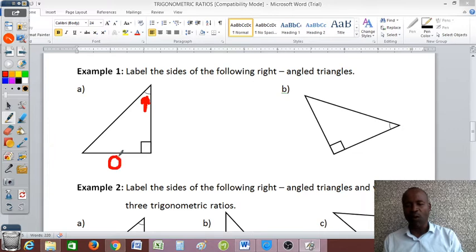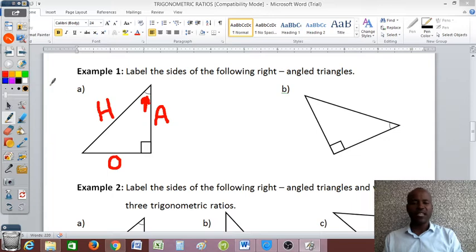We call it O. And the side which is adjacent to this angle, or which joins these two angles, the given angle and the right angle, we call it the adjacent side A. And the third one is the side which is opposite to the right angle, or the longest side in a right-angled triangle, the hypotenuse. So we'll have H here. So these are the three sides with their special names for the first right-angled triangle.